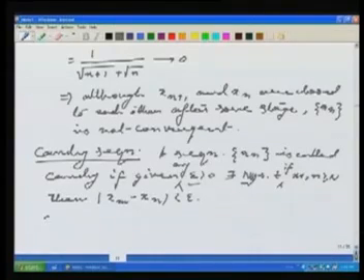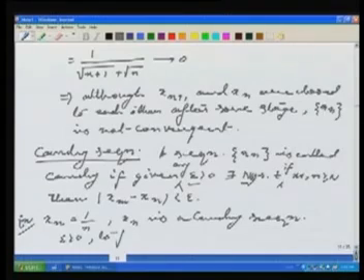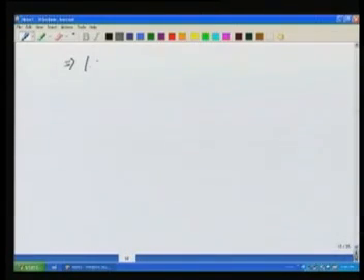Notice that if I have the sequence xn equals 1 by n, I say xn is a Cauchy sequence. How does this follow? I pick any epsilon bigger than 0. I have to find a stage capital N such that n, m bigger than capital N implies mod of 1 by n minus 1 by m is less than epsilon. This is my job.